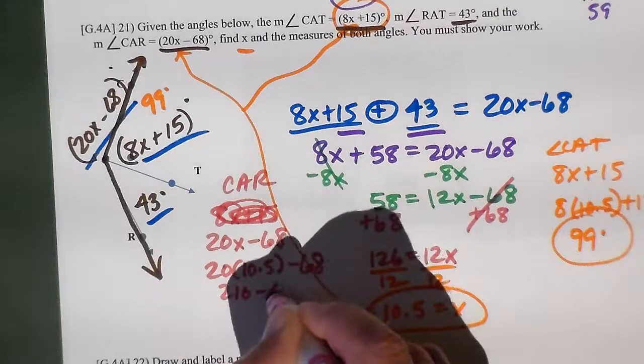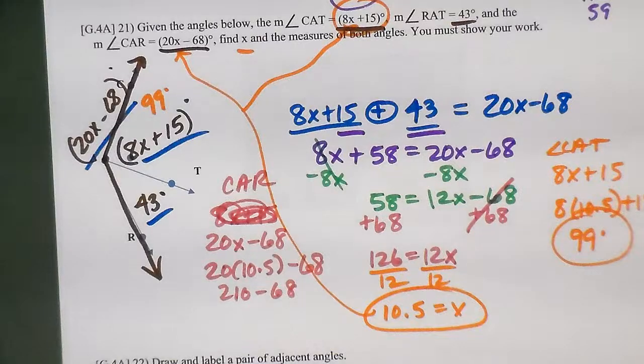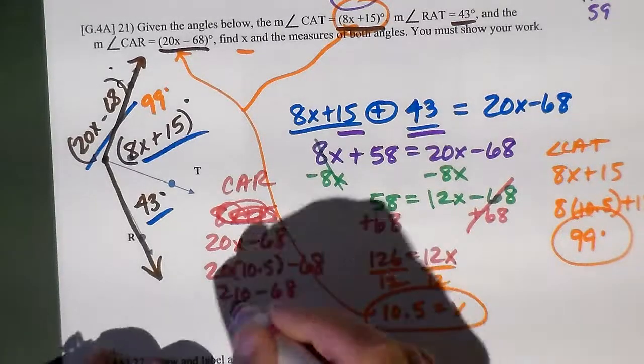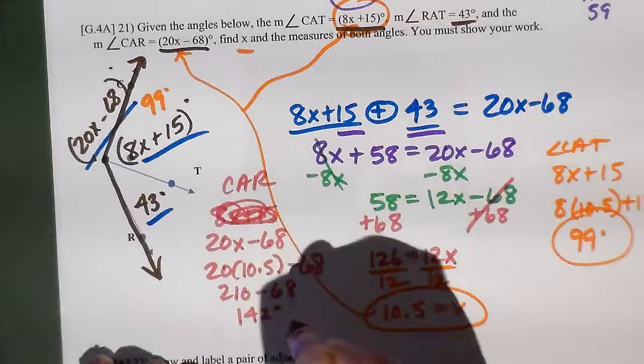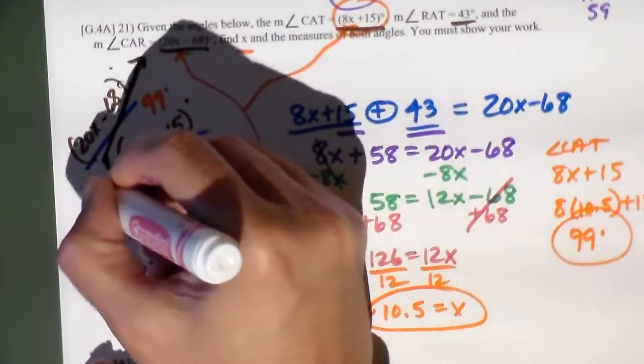So I've got 210 minus 68. So that'd be 142. So we get that this angle is 142 degrees.